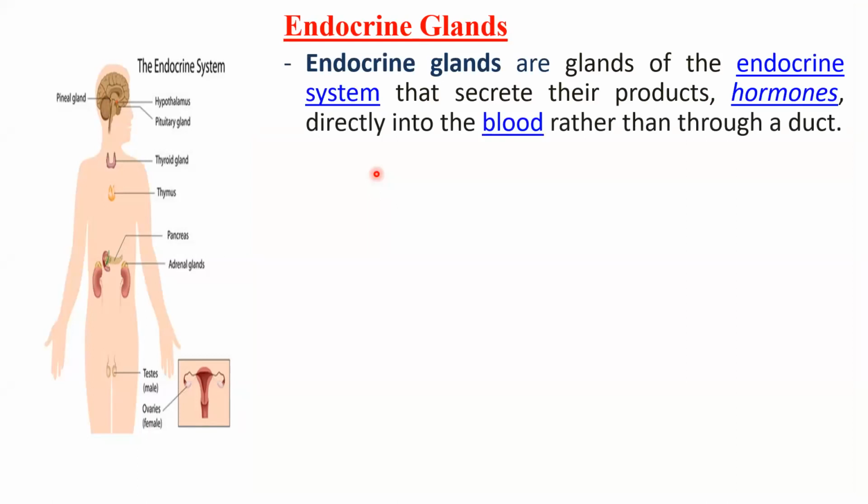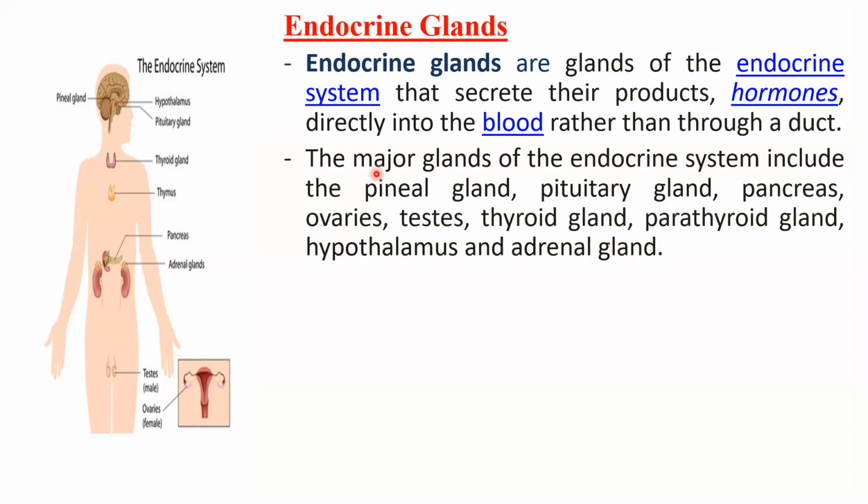Then, the endocrine glands are the glands of the endocrine system that secrete their products in the form of hormones. They are directly liberated into the blood rather than through a duct, as I have told you. The major glands of the endocrine system include the pineal, pituitary, pancreas, ovaries, testes, thyroid, parathyroid, hypothalamus, and adrenal.